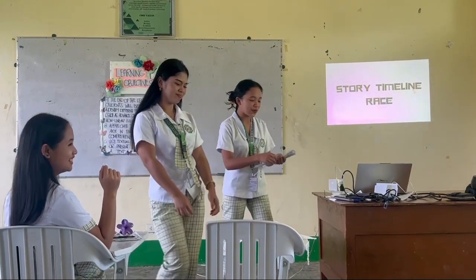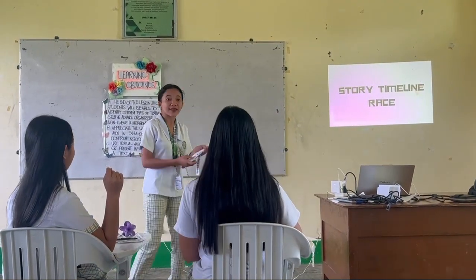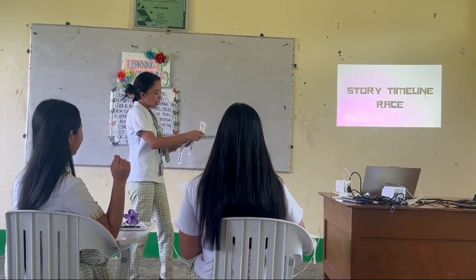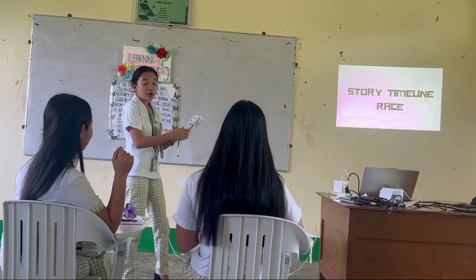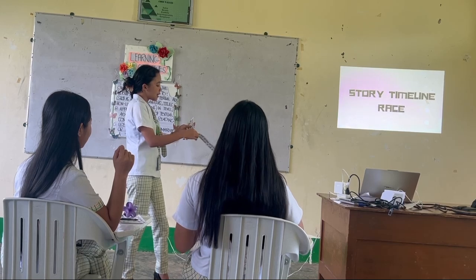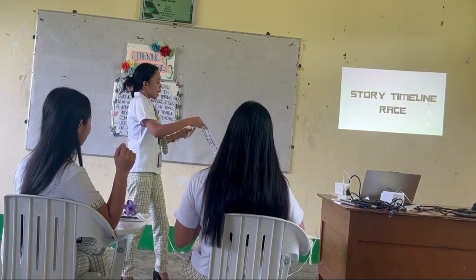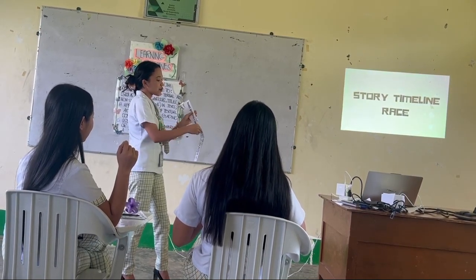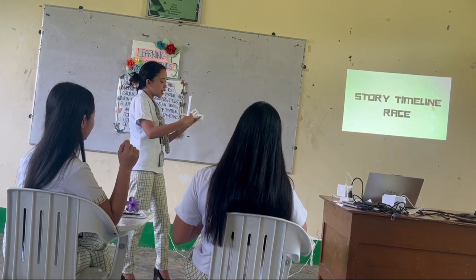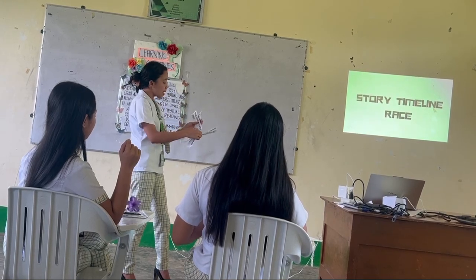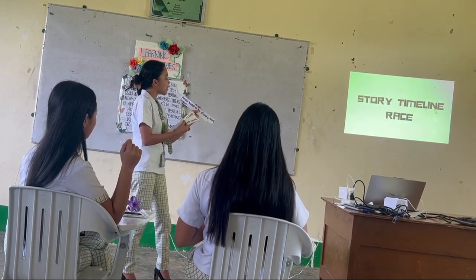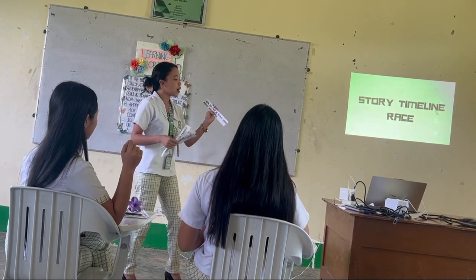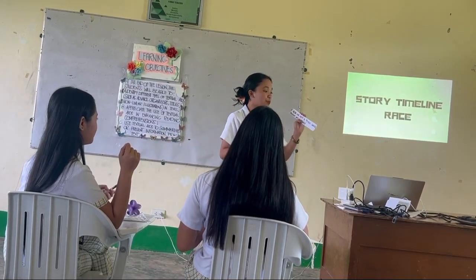Please sit down, Miss Rufa. So the correct order of these events is that first, the mission was to kill Medusa, and the next one is Hermes gave Perseus a sword, and the next one is Perseus went to the Grey Women, and after that, Perseus headed to the island of Gorgons, and the last one is with one stroke of Perseus' sword, Medusa was beheaded.